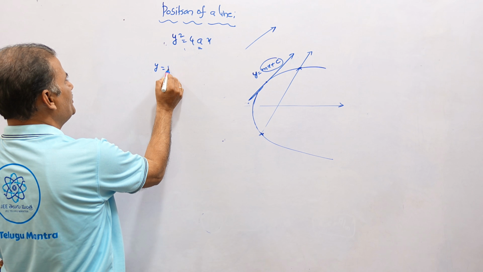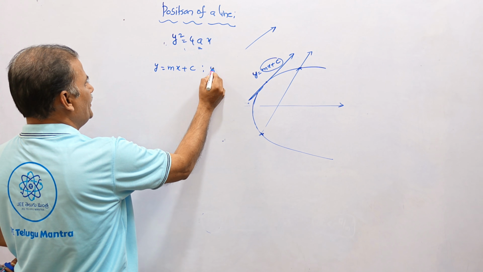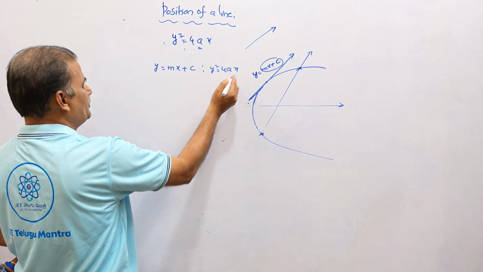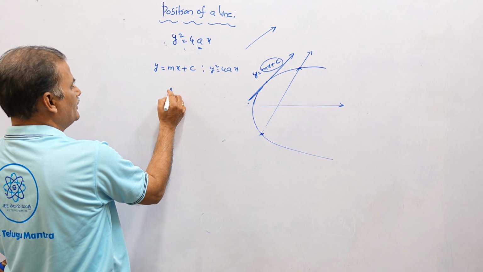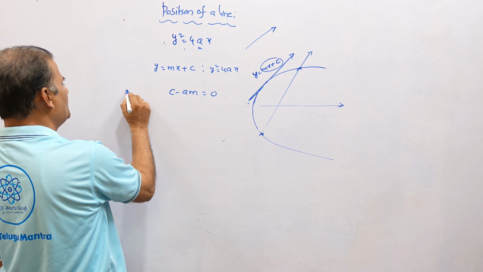Now y is equal to mx plus c is a tangent to the parabola y square is equal to 4ax. After applying b square minus 4ac, c minus am is equal to 0 if the discriminant is equal to 0, the second case.